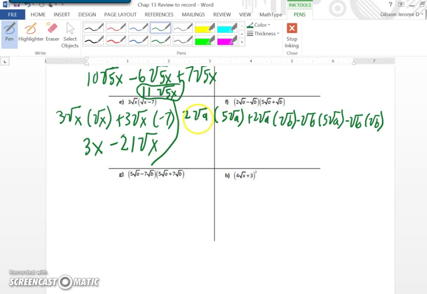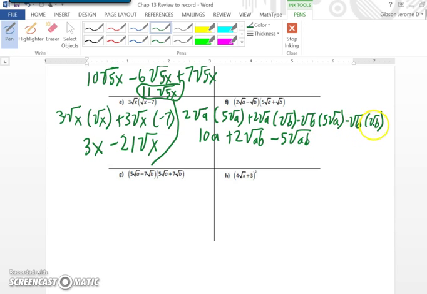So now we multiply. 2 times 5 is 10. The square root of A times the square root of A we know will give us A. 2 we will bring down. The square root of A times the square root of B is the square root of AB. Negative square root of B times 5 square root of A will give us a minus 5 square root of AB.